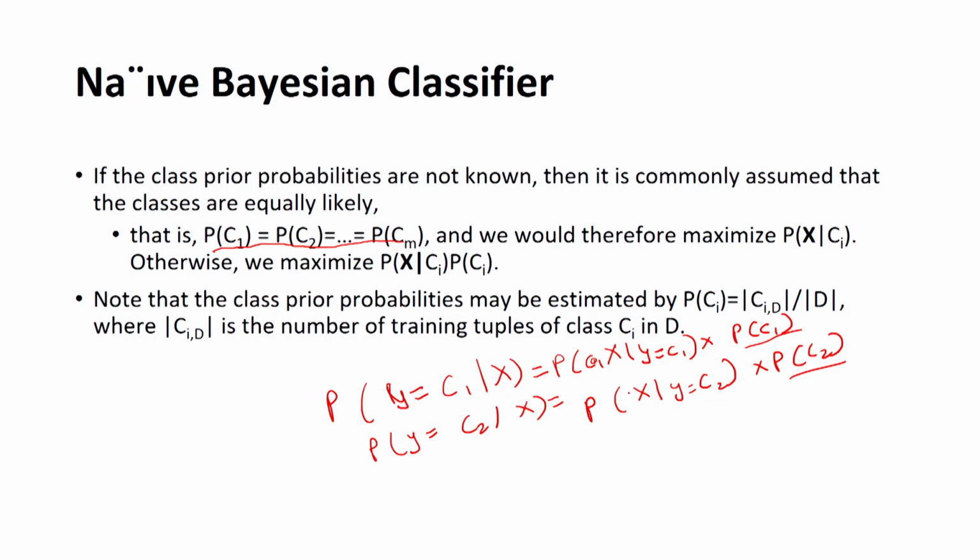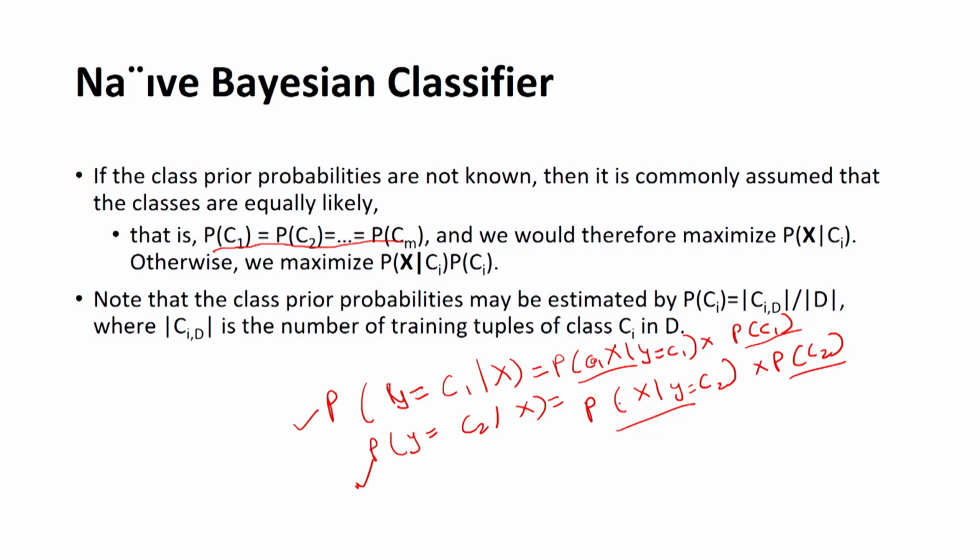In that case we will calculate this probability using only the first expression, but if this probability is different for all the classes, in that case we must incorporate this also, and based on that we will find out what the class is for the new instance X.